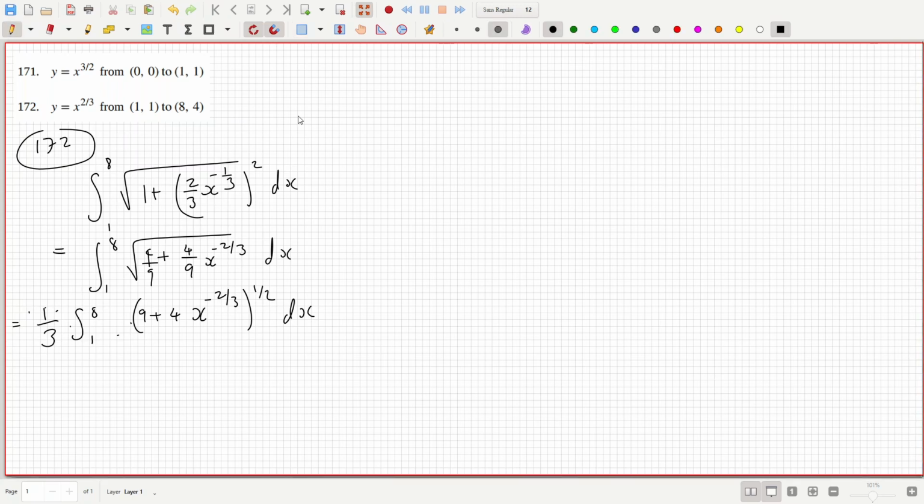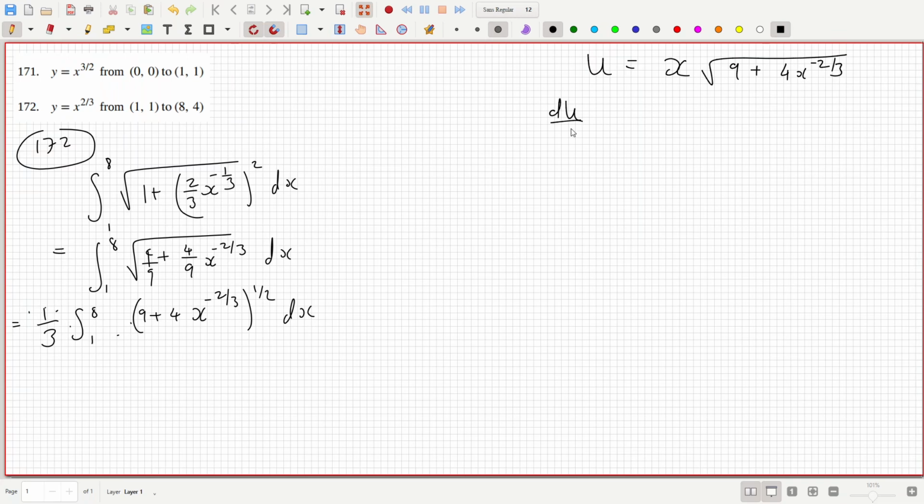What about, what would happen if we use the substitution u equals x root 9 plus 4x to the power minus 2/3.